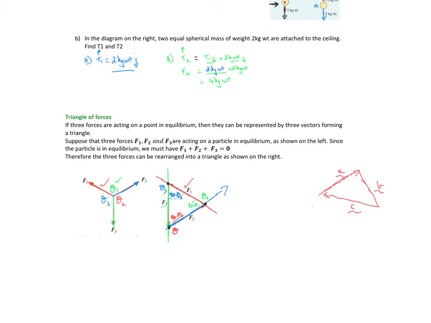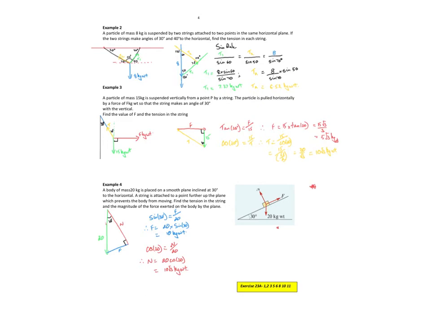So it has the same properties of what our triangles normally do, and that's important because we're going to apply very shortly a really tremendous application of the sine rule in here to help us resolve our forces. So practice creating those triangles with some of these examples here.